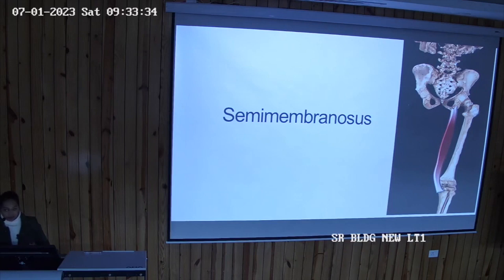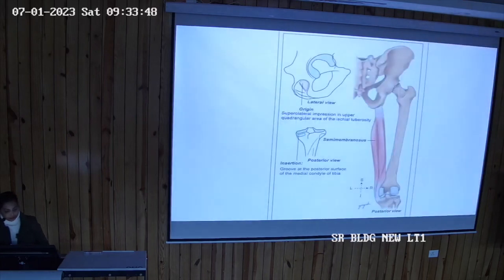In addition, when the knee joint is flexed, it also causes medial rotation of the knee joint. Okay? Clear to everyone? So this picture shows the superolateral part of the ischial tuberosity and a groove on the posterior surface of the medial condyle of the tibia over here.